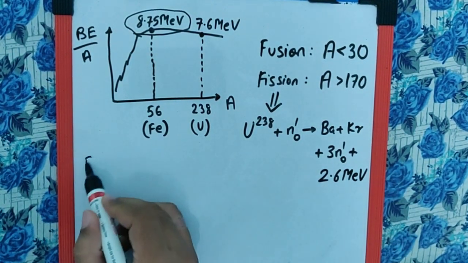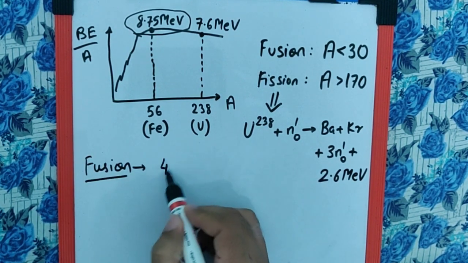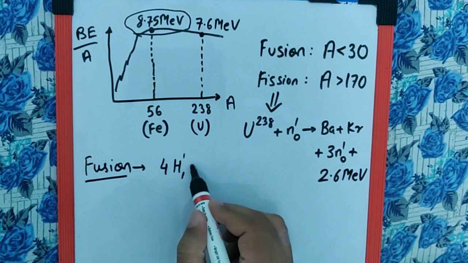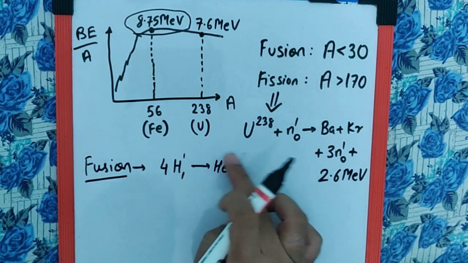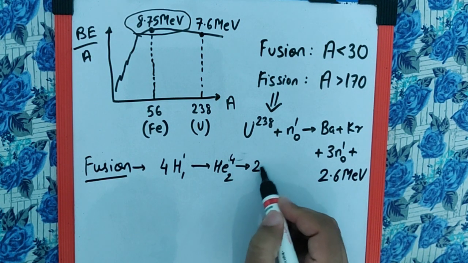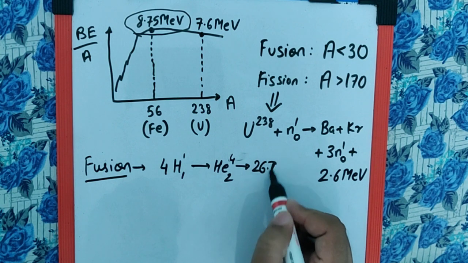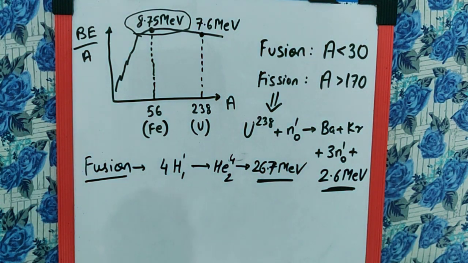And in the case of fusion, 4 hydrogen atoms merge to form a helium atom, and also give 26.7 mega electron volt. Now these are the numbers which you need to remember.